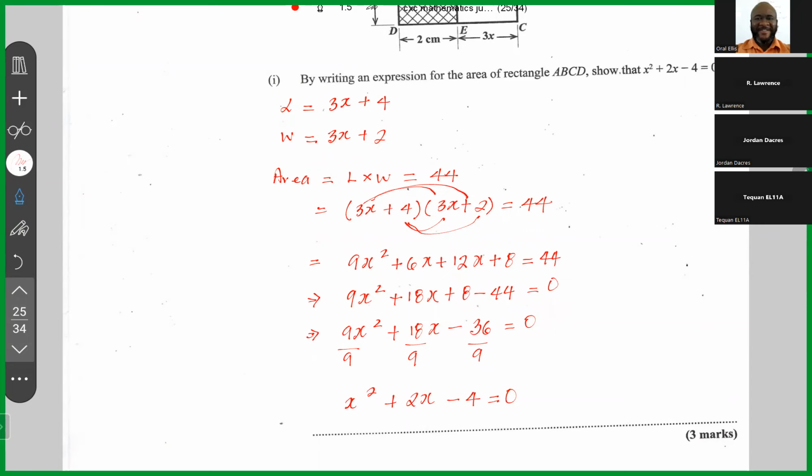We're asked by the examiner to show that x squared plus 2x minus 4 is equal to 0, and we just did. Using the fact that the area of rectangle ABCD is 44 centimeters squared, we're able to show that x squared plus 2x minus 4 is equal to 0.